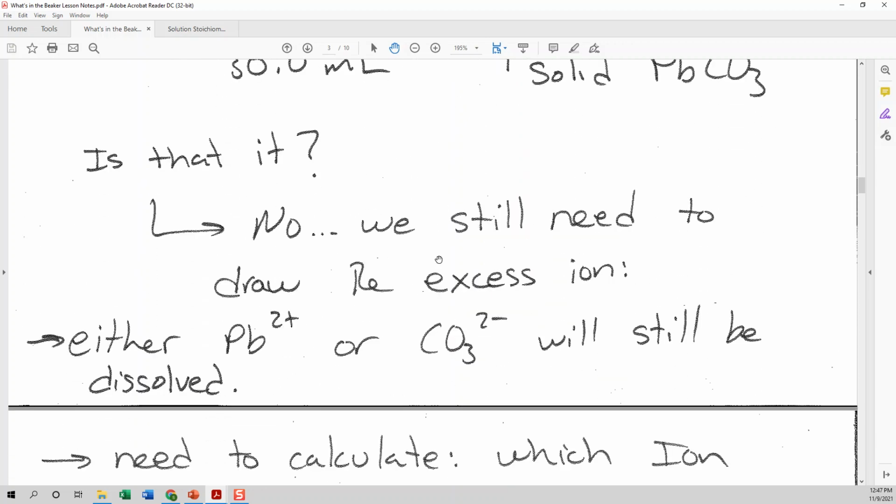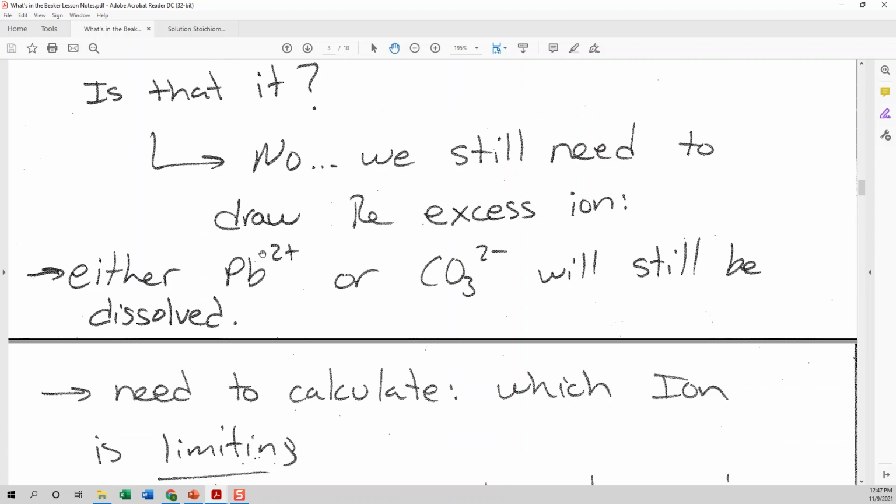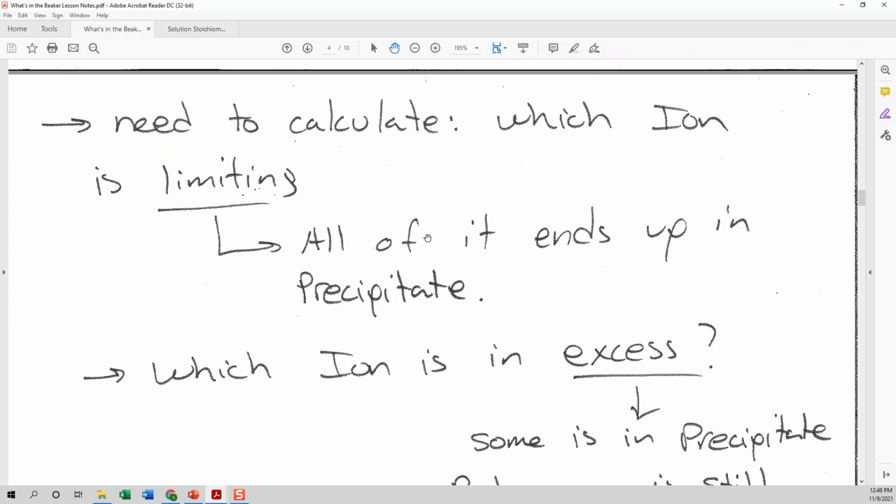So again, we need to find the excess ion. It's either going to be lead. We know the spectator ions are going to be in there, but we're also still going to have some either lead left over that's unprecipitated or carbonate that's unprecipitated, okay? So we got to figure out the limiting reactant, carbonate, or lead, okay?